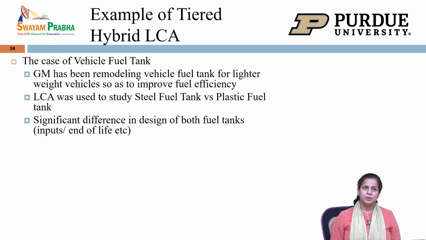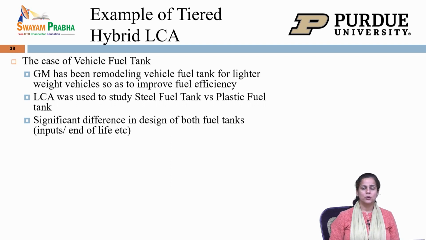This example is a case of a vehicle fuel tank, and the idea was that General Motors, which is an automotive manufacturing company, has been remodeling its vehicle fuel tank for lighter weight vehicles so as to improve fuel efficiency.